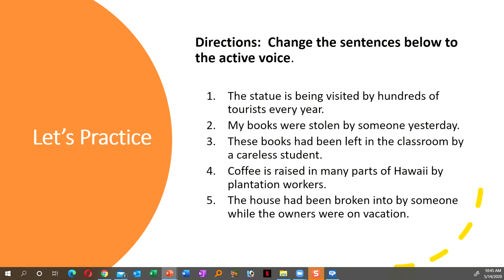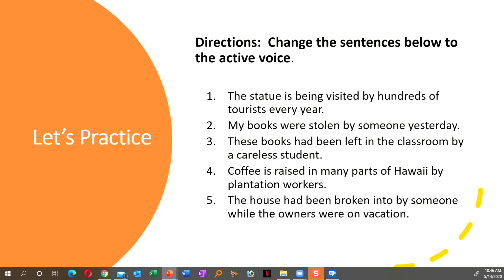A careless student left these books in the classroom. Okay? So it's not had been, it's left. Here's another one. Coffee is raised in many parts of Hawaii by plantation workers. Make that into active. Yes, right? Plantation workers raised coffee in many parts of Hawaii.